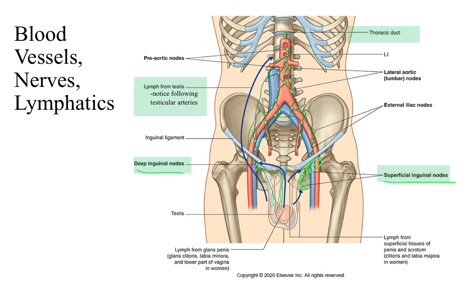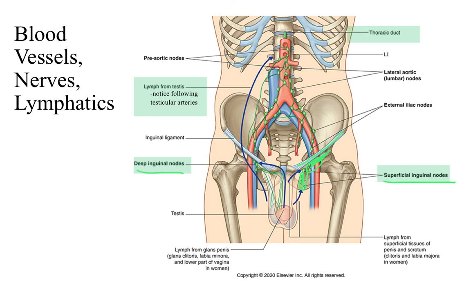So notice that this horizontal group of lymph nodes travels along the inguinal ligament, and that this vertical group of lymph nodes, also called femoral lymph nodes, is going to be a little more medial in the thigh. All right, and then those are going to drain external genitalia, the skin, more specifically the anal canal, as well as parts of the lower extremity.